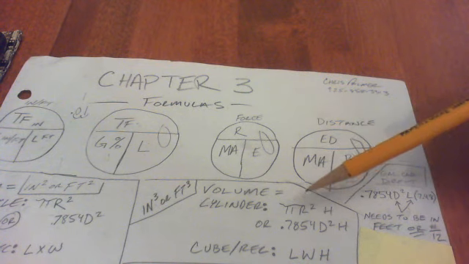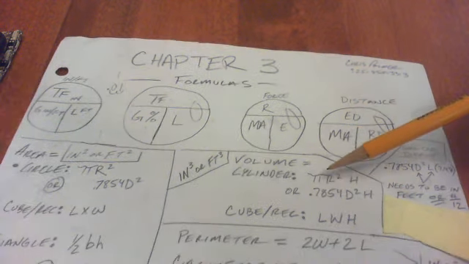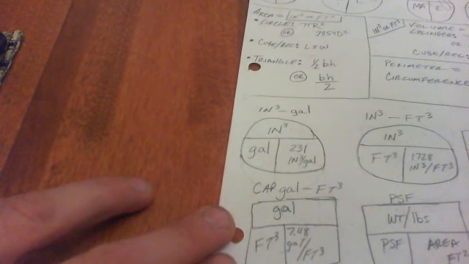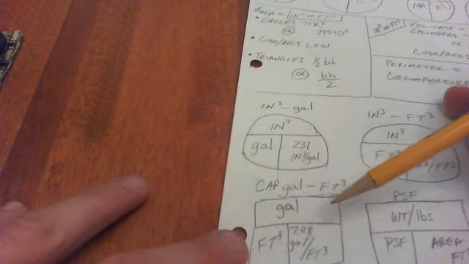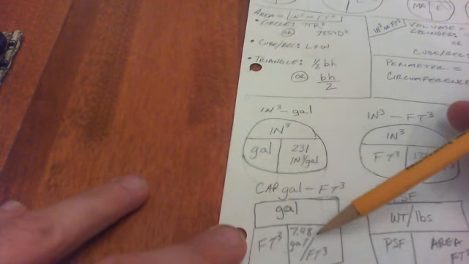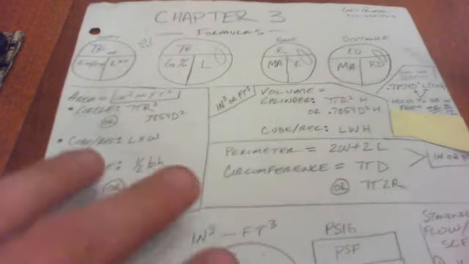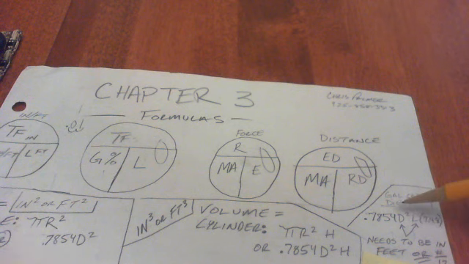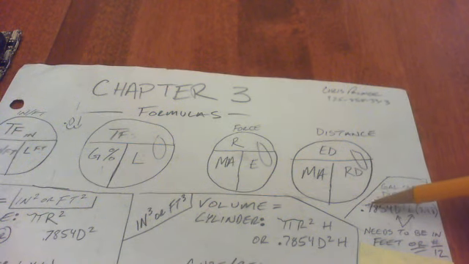They took this volume formula and combined it with the gallons per cubic foot formula, and it came up with this, which has all the parts in there like we just talked about.